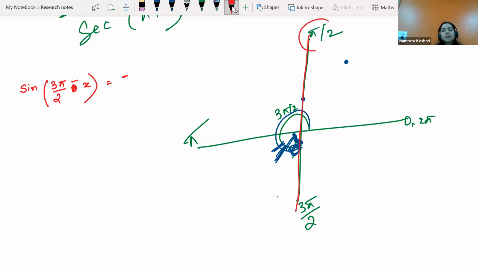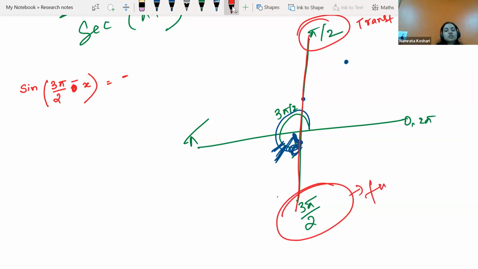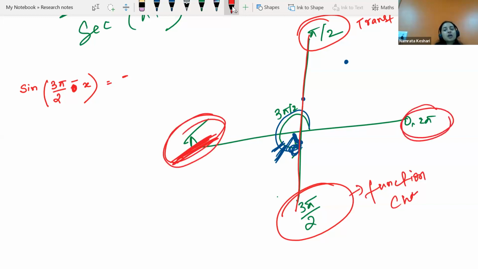Pi by 2 plus theta, pi by 2 minus theta, the function will change. 3 pi by 2 plus theta and 3 pi by 2 minus theta, the function will change. But at pi plus theta and pi minus theta, the function will not change. Similarly at 2 pi plus theta and 2 pi minus theta, the function will not change.